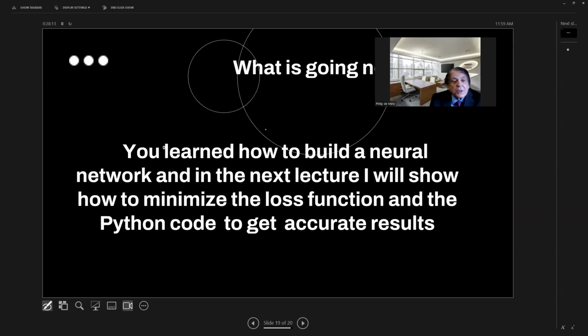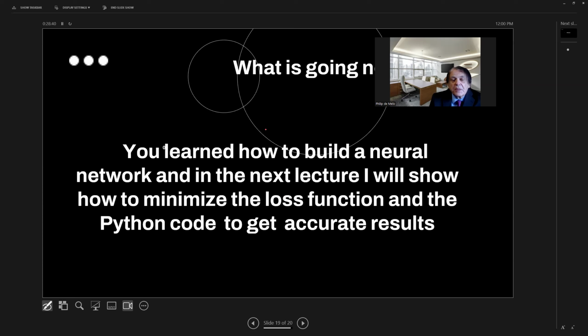So now you learned how to build a neural network. What you do is take inputs, normalize inputs, and start with weights equal to 1 and bias 0. Don't forget to do normalization. And then you have an output.